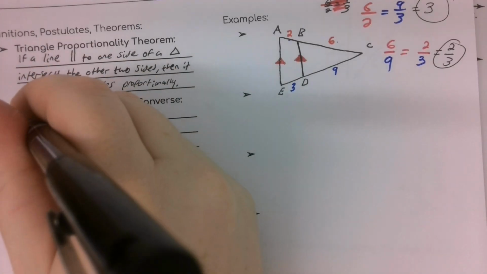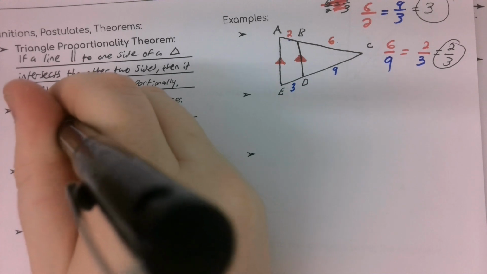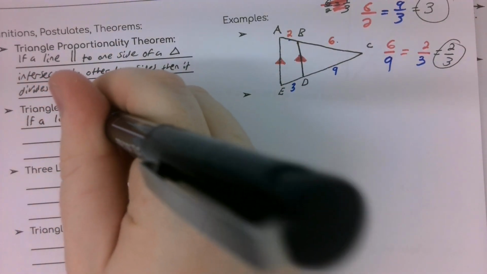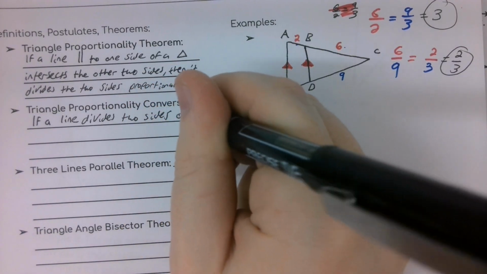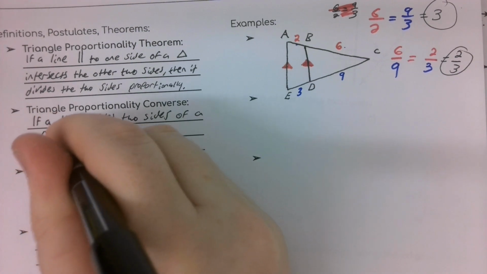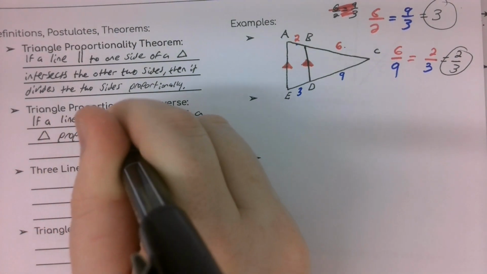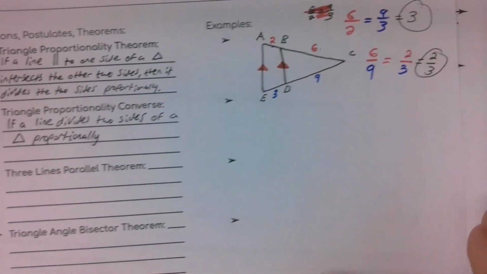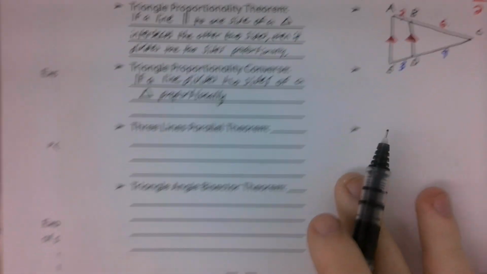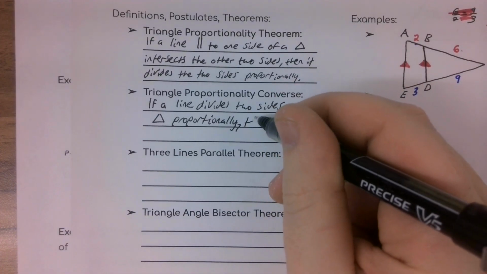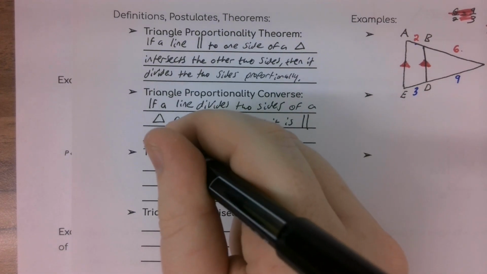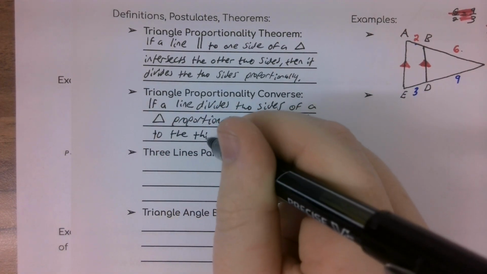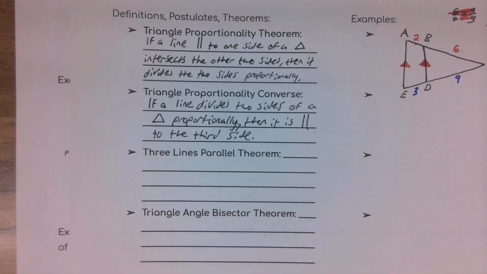So the converse would say, if a line divides two sides of a triangle proportionally, meaning if the proportions are consistent and stay the same the whole way through, then it is parallel to the third side. Nice.